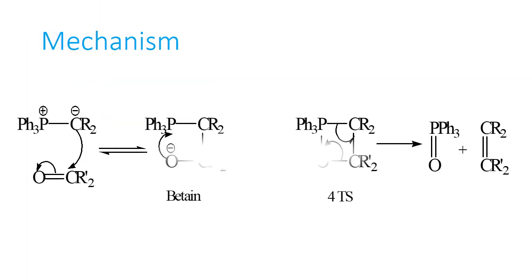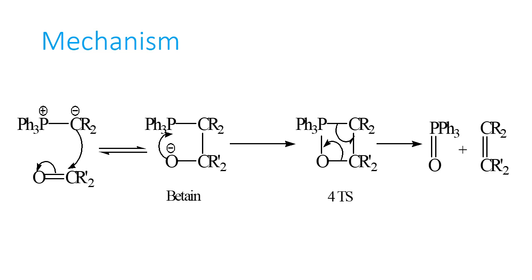Moving forward, we are going to look at the mechanism. In this mechanism, the negative charge on the carbon of the ylide, our Wittig reagent, attacks the carbon atom of the carbonyl compound, since we already know that it is electron deficient due to the presence of oxygen, which is more electronegative. So a negative charge is created on the oxygen atom, and this intermediate is known as the betaine intermediate.